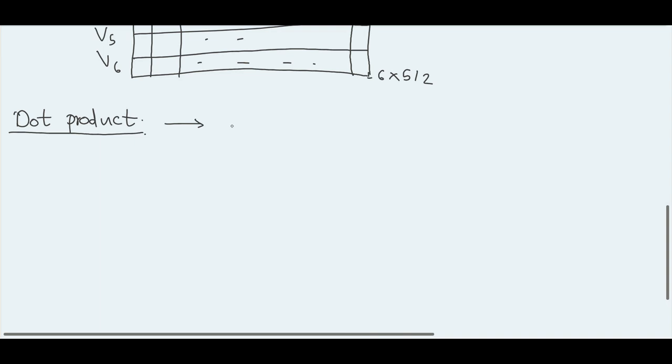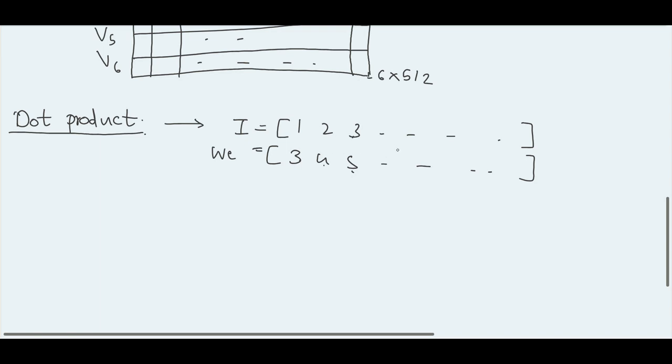Suppose you have these given 2 words, right? Suppose you have this word I and you have another word V. Okay, so these 2 words are represented like this, whatever 3 4 5, whatever that is. Now what we do is we take the corresponding components and we multiply them together, and then we sum it all.